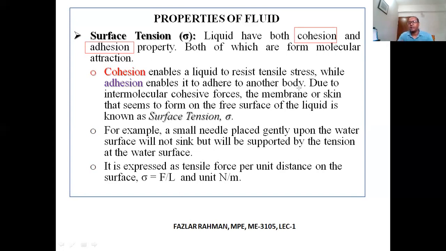But if you see mercury, a drop of mercury in your hand, the mercury will move and stay intact. The mercury drop will not break down, even if you shake your hand. That means all the mercury molecules have very cohesive property. They don't like to stick with my hand.